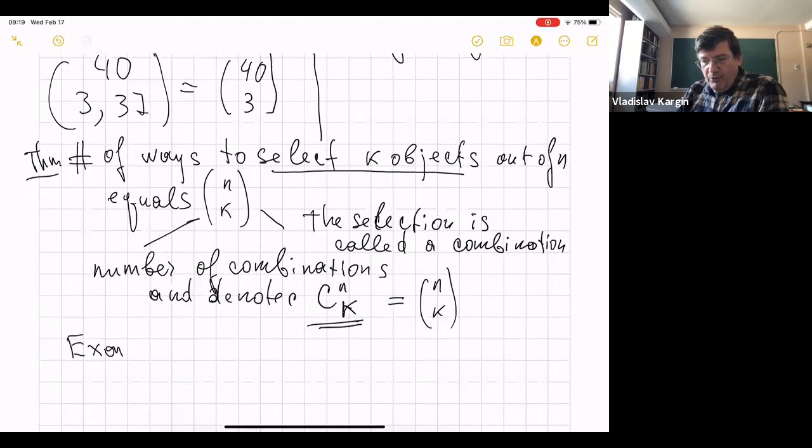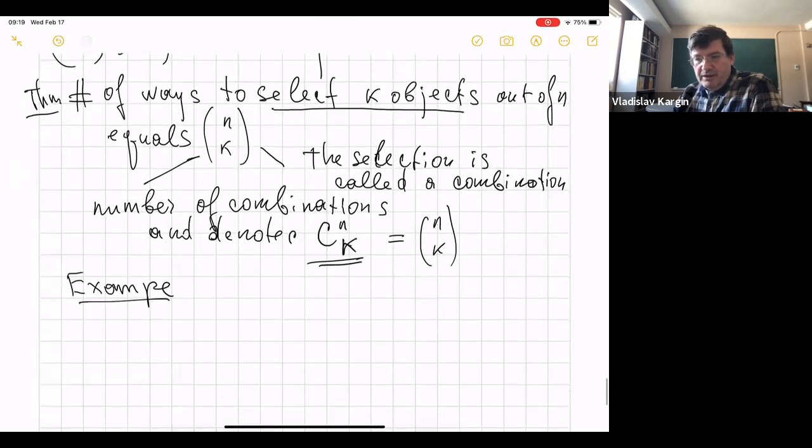Remember when we threw a coin and counted the probability that we got 2 heads. Let us look at this example again, more generally.